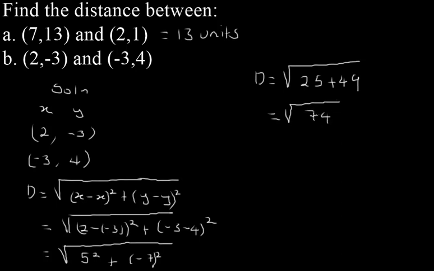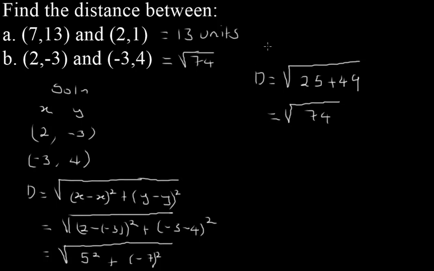Now 74 isn't a perfect square, and so we wouldn't get whole numbers as the square root of 74, and therefore would leave our answer at that. So root of 74. And that is how we find the distance between 2 points in coordinate geometry.